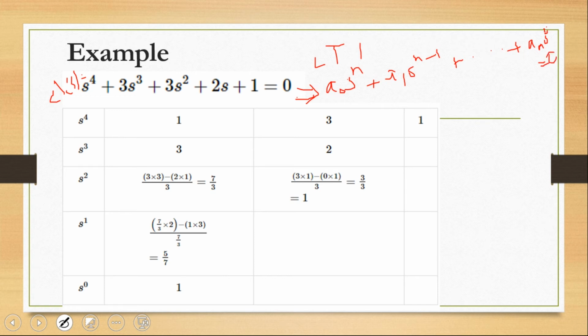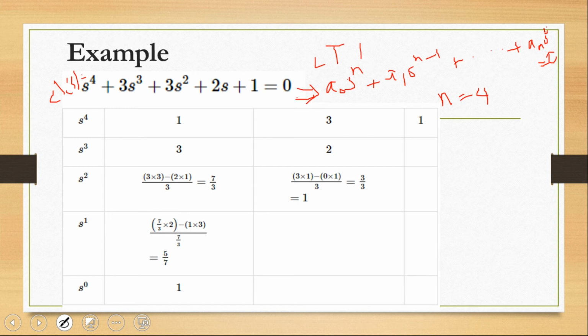Now our highest power n is 4, so we have 4, 3, 2, 1, 0. So we have all the coefficients in order. Next, what we have to do? We have to construct the roots array first.